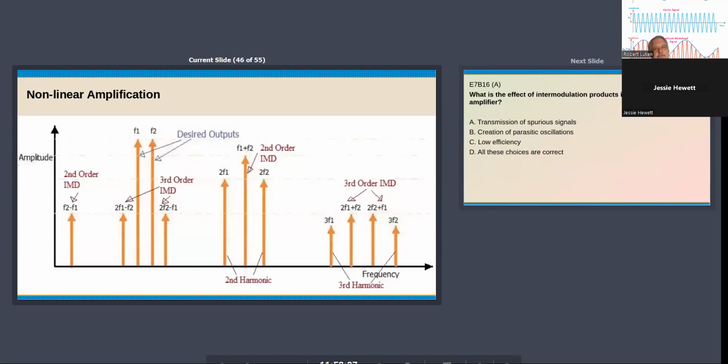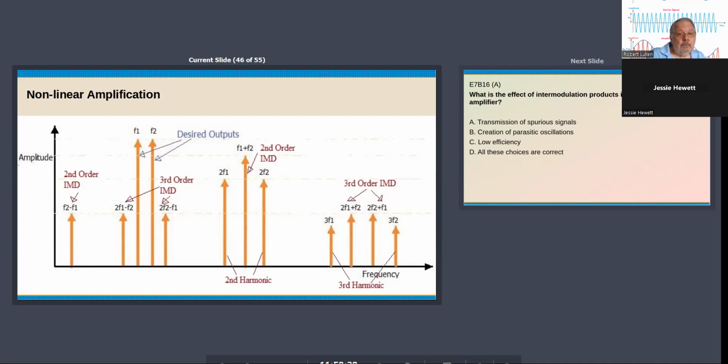So this little chart, which you have to look at carefully, shows F1 and F2, the 2 signals coming in that are relatively close together. When you have some intermodulation, you produce the second order and third order products.